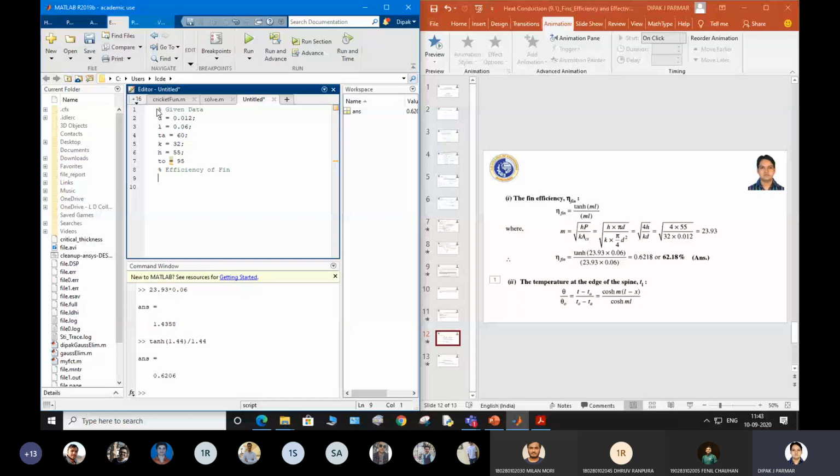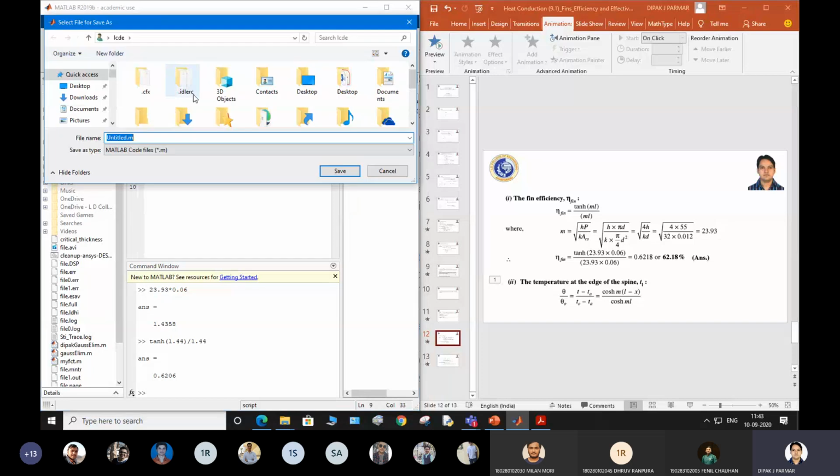So the first task is to calculate m. m will be equal to the square root of h, which we have already defined, times P. P we have not defined, but it is pi times D, so let me write pi times D, that is the perimeter, divided by the conductivity K times the cross section area, pi by 4 D squared. Let me run this and check whether we are getting the correct value or not.